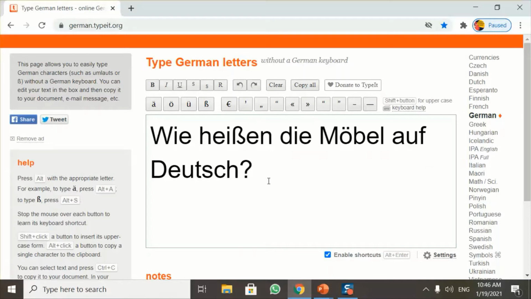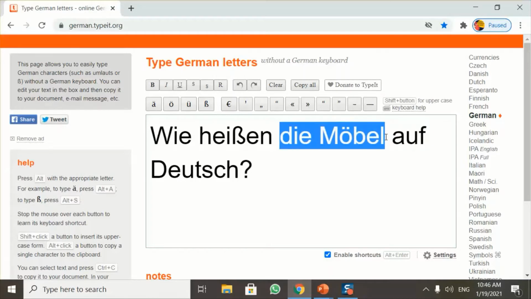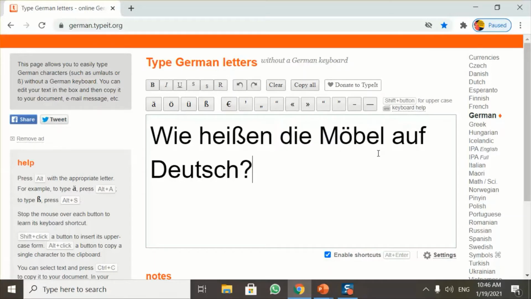So what are the furniture called in the German language? So in English we use in, but in German we use the preposition auf to mean in this context at least. Now if we substitute this noun with any other noun, then we can ask this same question when we are wanting to know what is something called in the German language.